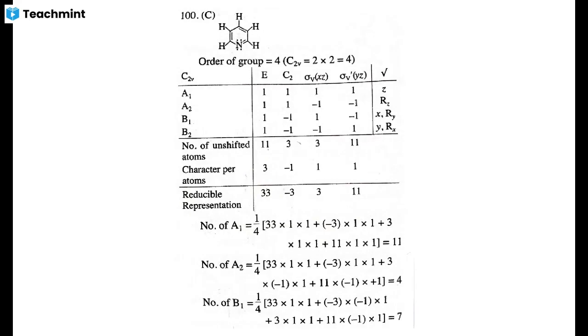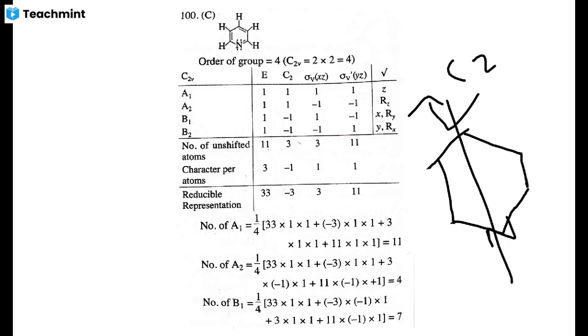Okay, so first you should calculate the number of unshifted atoms. There are 11 atoms. E is identity, so there are 11 unshifted atoms. And if you do the C2, the C2 passes through this, this is C2.